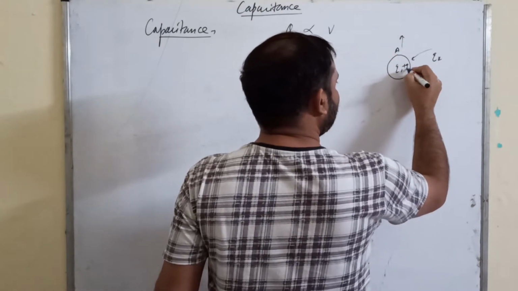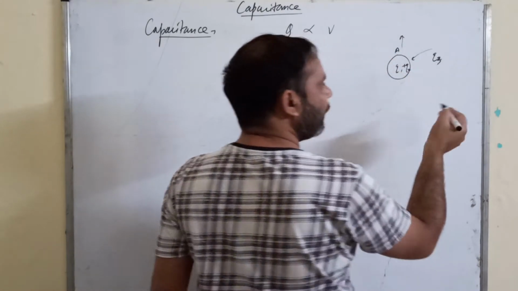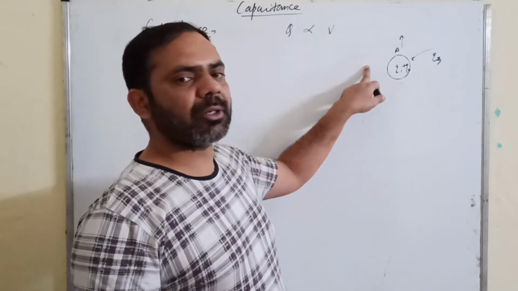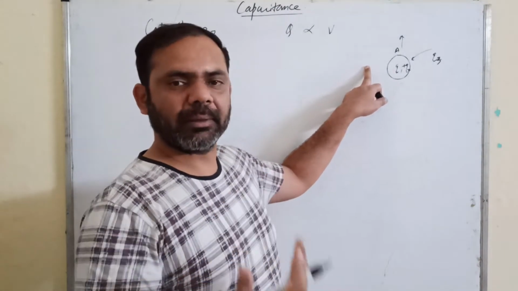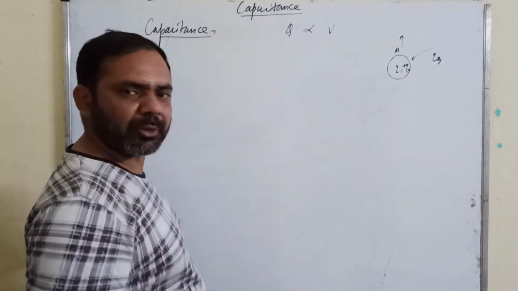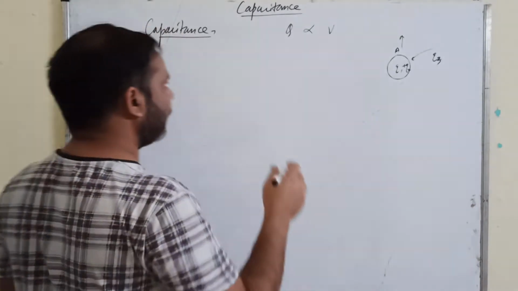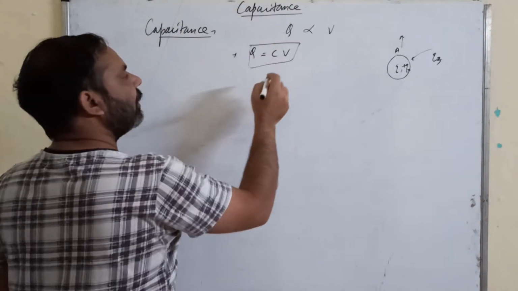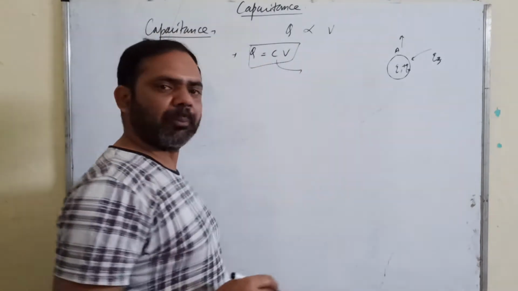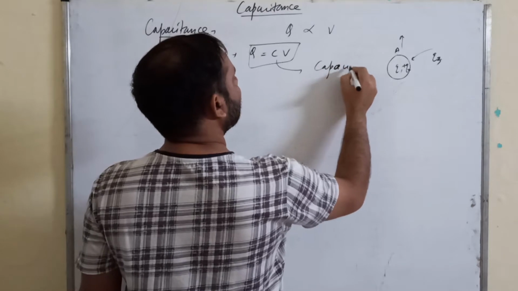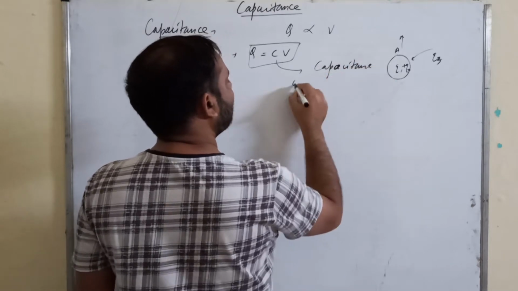Now here we have Q1 plus Q2. If you want to bring Q3, further you will have to increase the work. It means the potential of the body is further increased. So the charge on the body is directly proportional to the potential of the body, and this implies Q is equal to CV, where C is a constant of proportionality called the capacitance of the conductor.